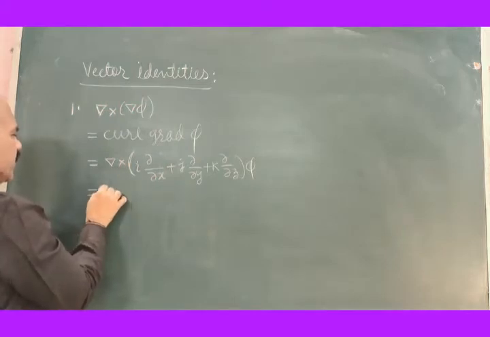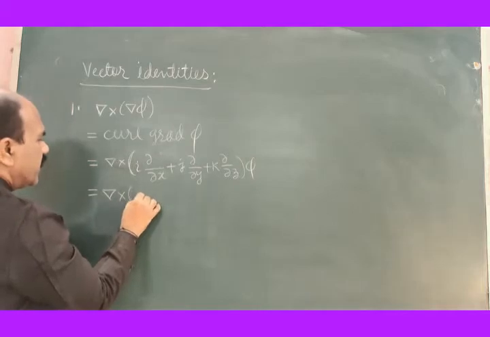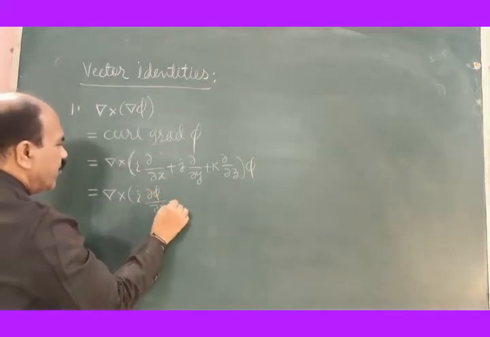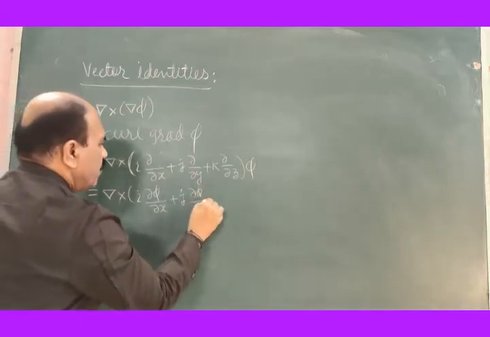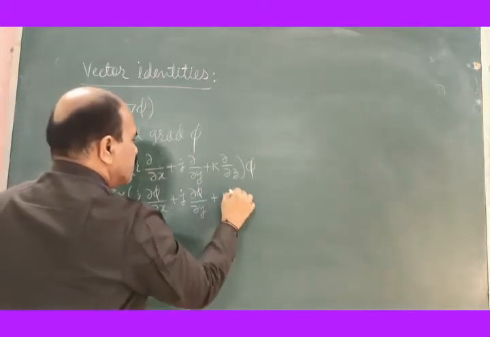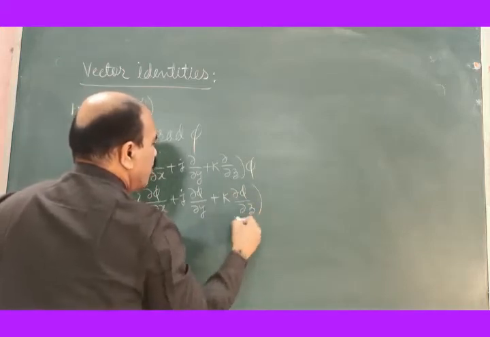This is nothing but del cross i dou phi by dou x plus j dou phi by dou y plus k dou phi by dou z.